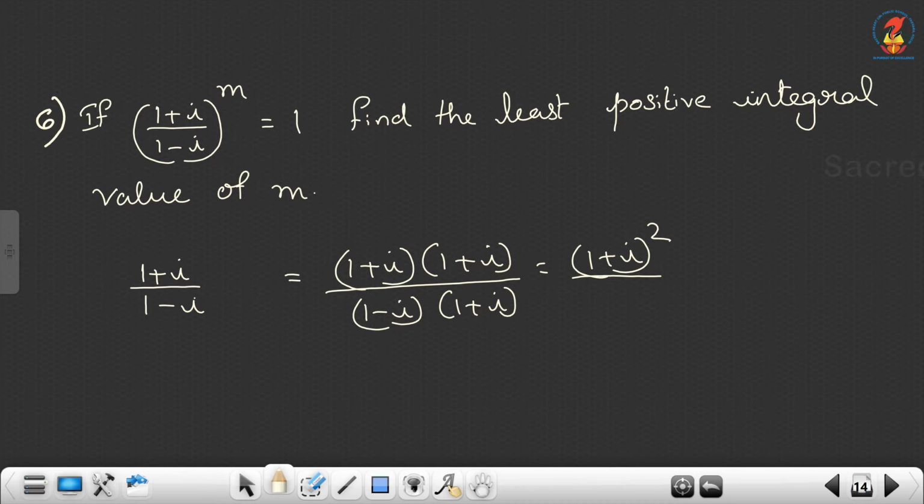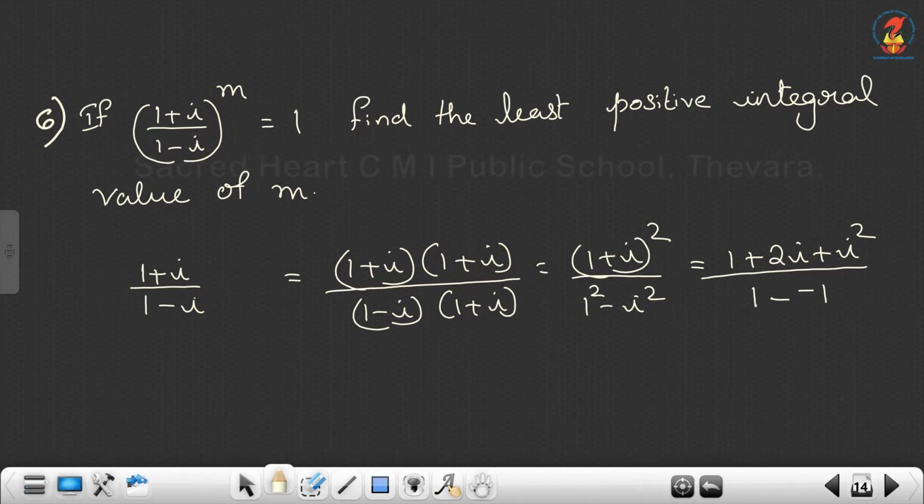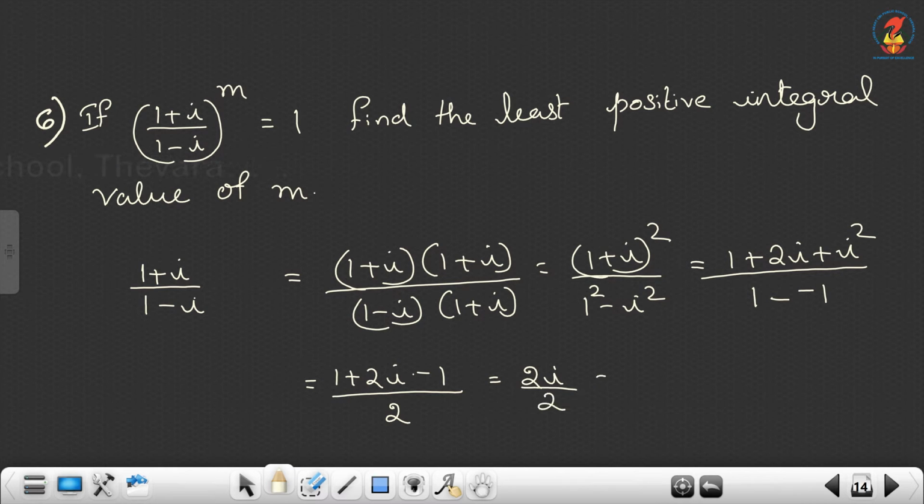The denominator is (a − b)(a + b) = a² − b², which is 1 − (−1). The numerator is a² + 2ab + b², which is 1 + 2i, and i² is −1, so 1 − 1 cancels. Then 1 + 1 becomes 2, so 2i by 2 is equal to i.